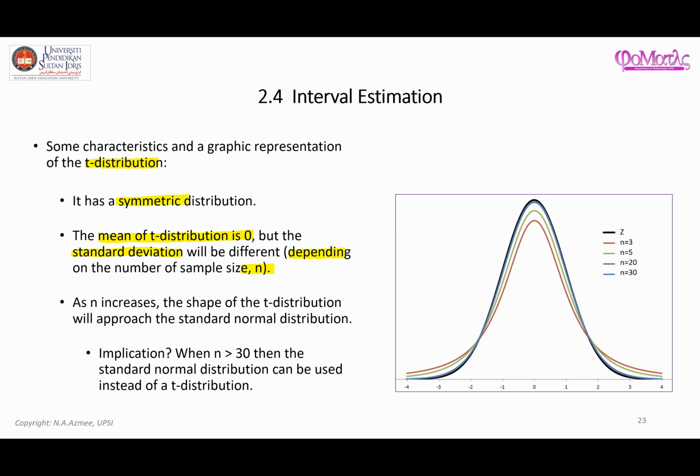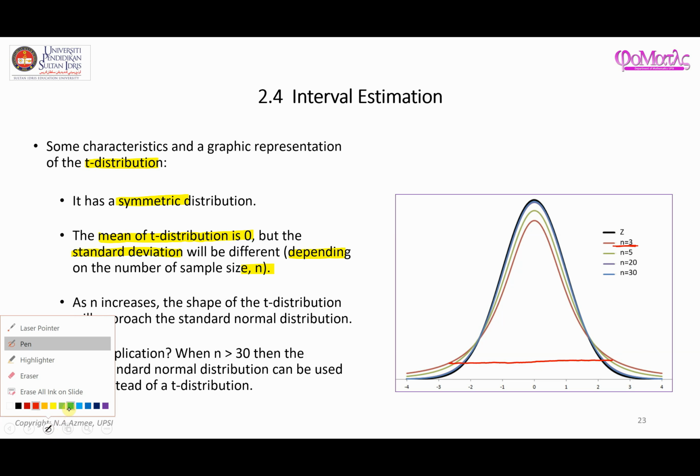For example, if n is equal to 3, which is the smallest sample size, then you can see that the spread of the data here is the largest, given by the red curve. Now if you increase the sample size to 5, then the dispersion is slightly reduced, the variance is slightly reduced.